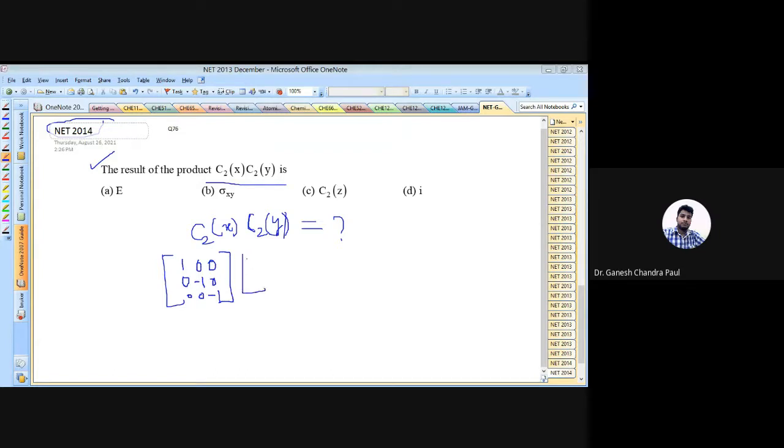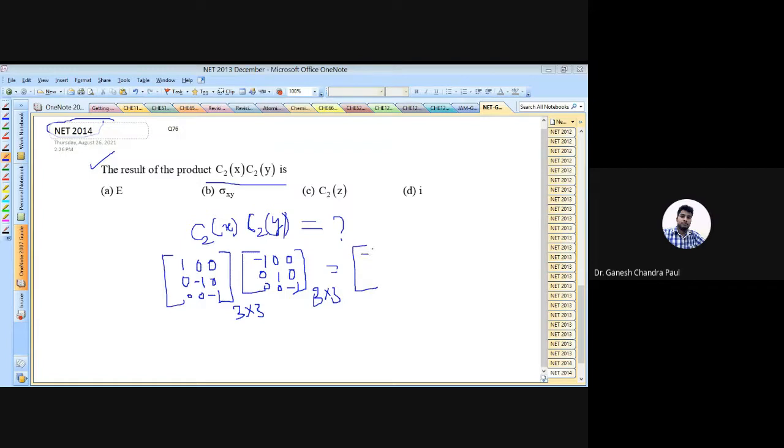On the other hand, what about C2y? It is minus 1 0 0, then 0 1 0, then 0 0 minus 1, right? Now if you multiply these two 3 by 3 matrices, the result is also a 3 by 3 matrix.